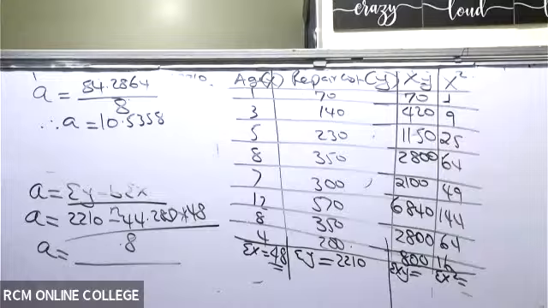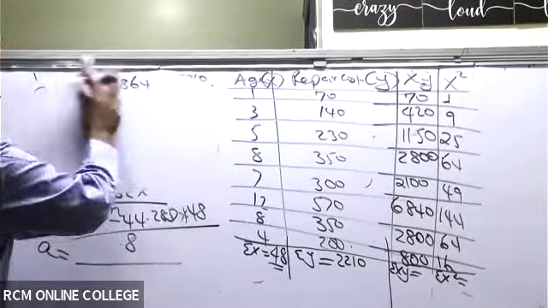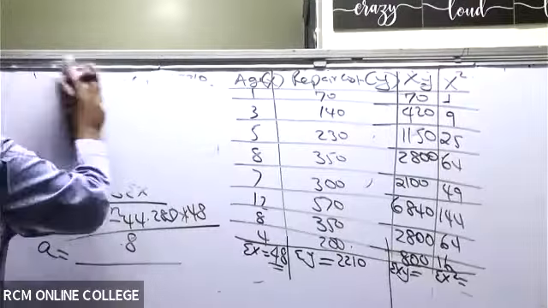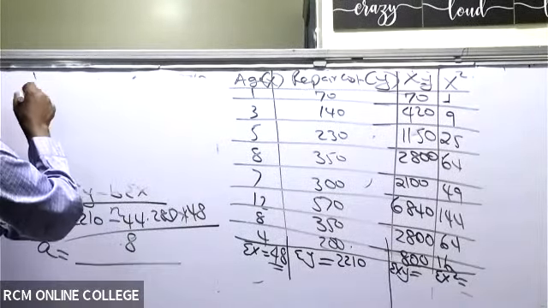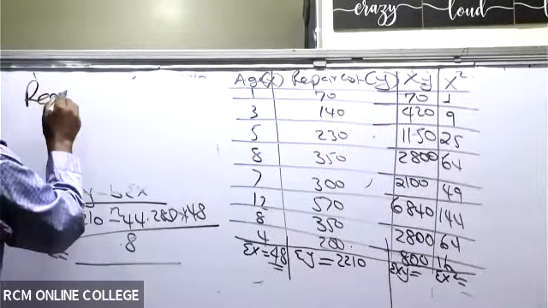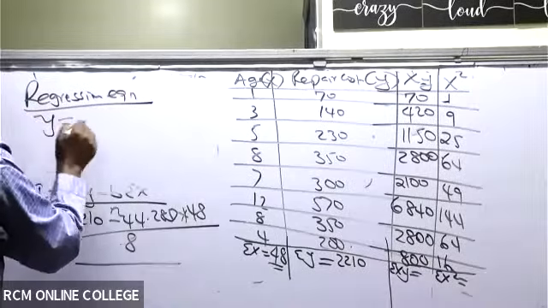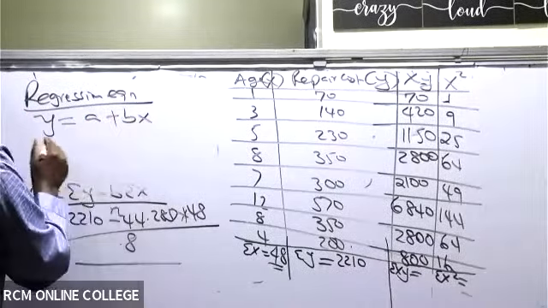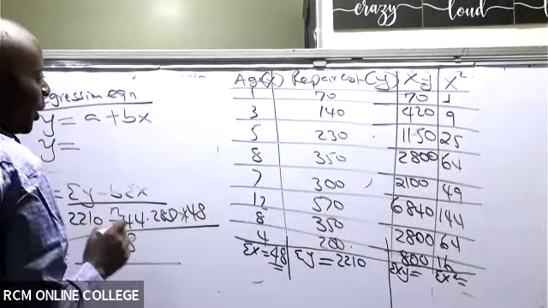All right. So ladies and gentlemen, in this case we should be able to write what we call the regression equation. Remember that our regression equation is y equals a plus bx. So my y will be equal to a that we got here, which unfortunately I have wrapped.